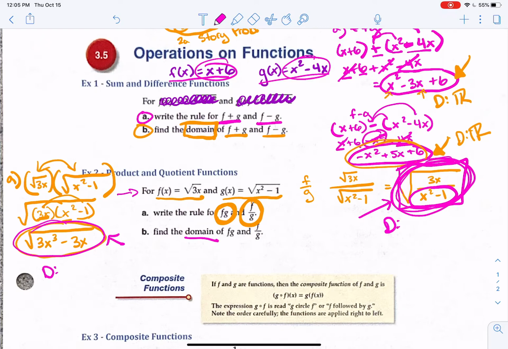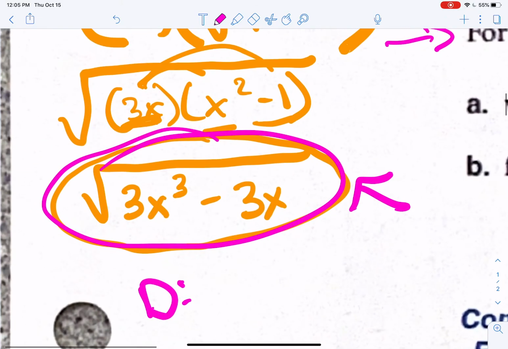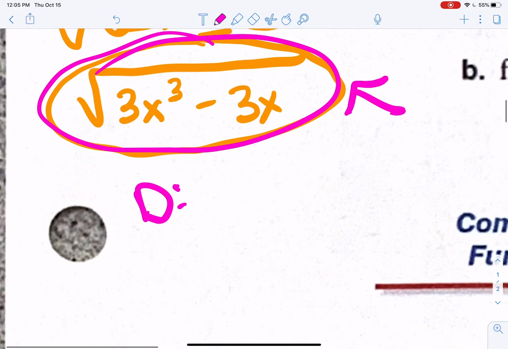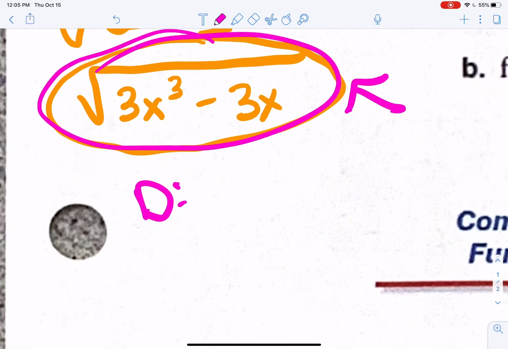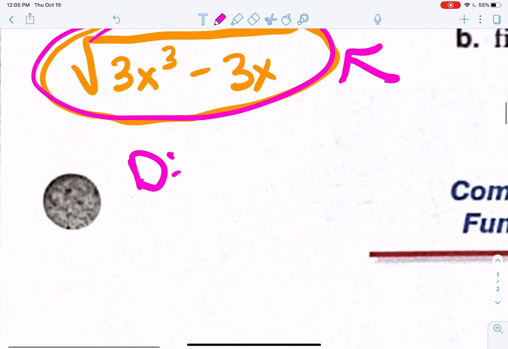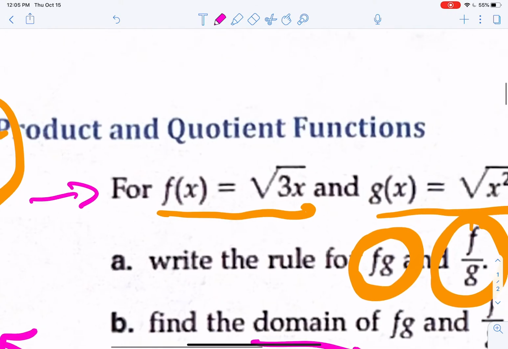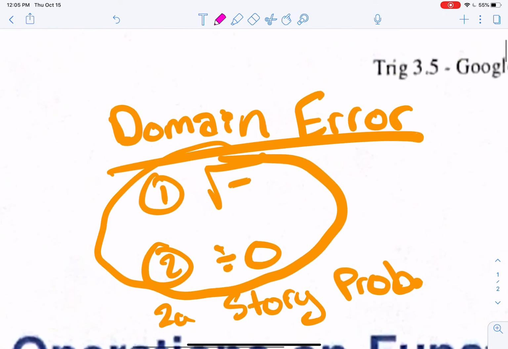So division by 0, well, let's start with this thing over here on the left side and look at what we can and cannot have for x in this case. So when you're doing a square root, when you are trying to figure out what x can be and what x cannot be, the square root is the hardest one of the two domain errors. It's the most work.